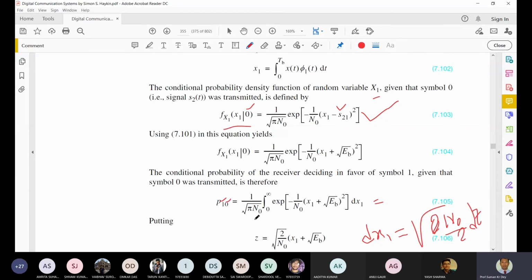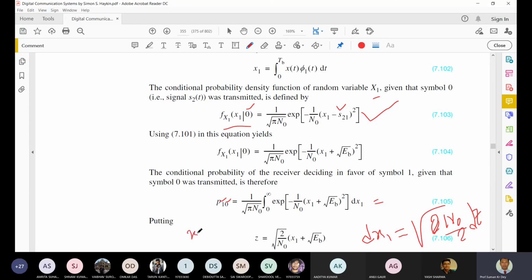So that means n naught by 2, if we put the n naught, and what should be the limit? When x1 equal to 0, what should be the value? Square root of 2 Eb by n naught. Yes or no?